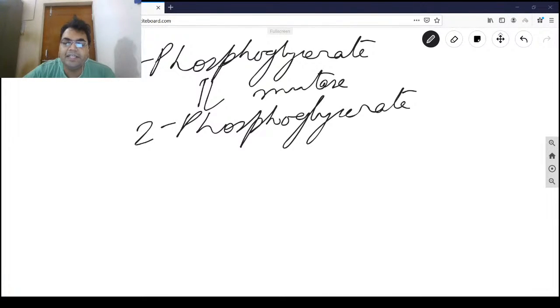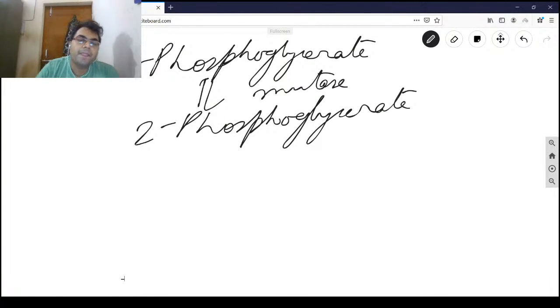Now the next step in glycolysis, if you see, will be the formation of phosphoenol pyruvate from 2-phosphoglycerate. There is an enzyme known as enolase which will take out H2O from this molecule, and you will be forming phosphoenol pyruvate.